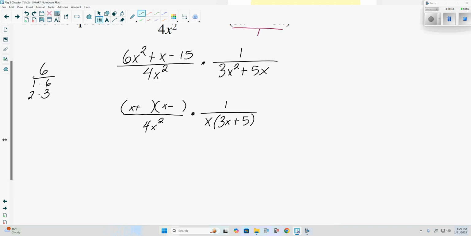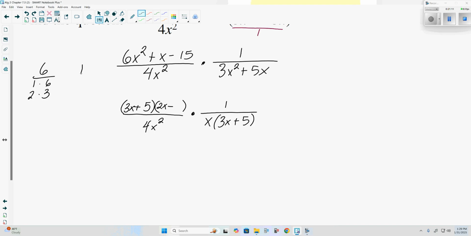If we want something to match, the only thing that we can really match up with on bottom is 3x plus 5, yes? So if something's going to simplify on top, I need one of these to be 3x plus 5, yes? So if that's going to be 3x, the other has to be 2x.